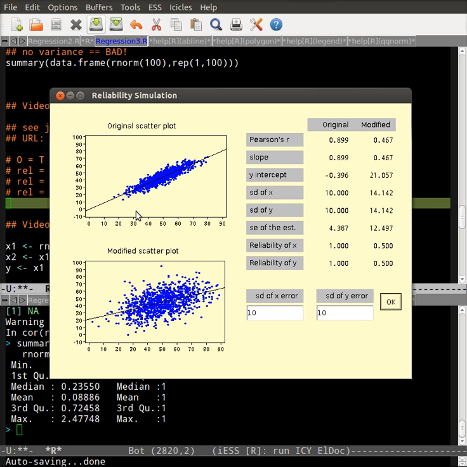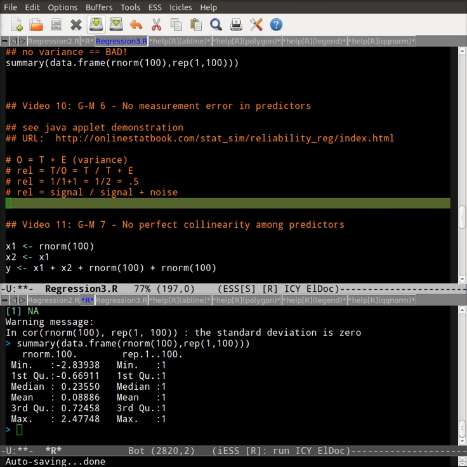So what do you take from this? Reliability is an essential part of regression parameter estimation, so that we can interpret these parameters and we can generalize those parameters to future models. When we attenuate those relationships due to unreliability, we get parameter estimates that are going to be tied to those reliability estimates.